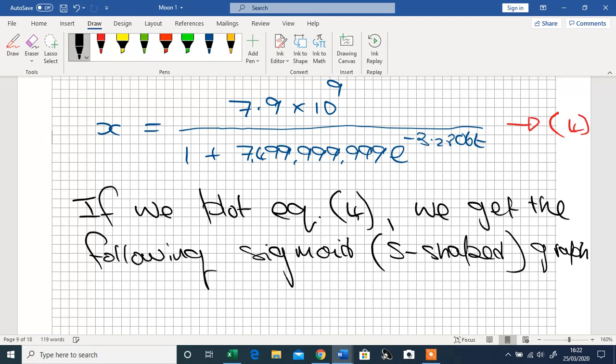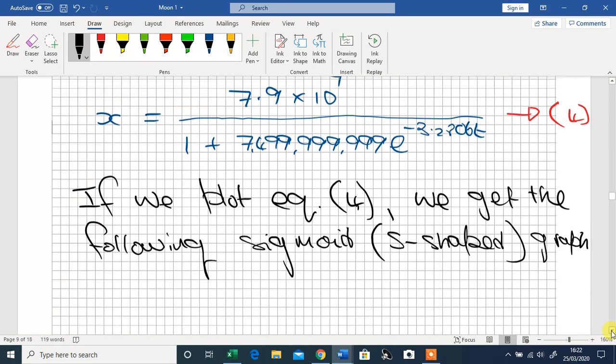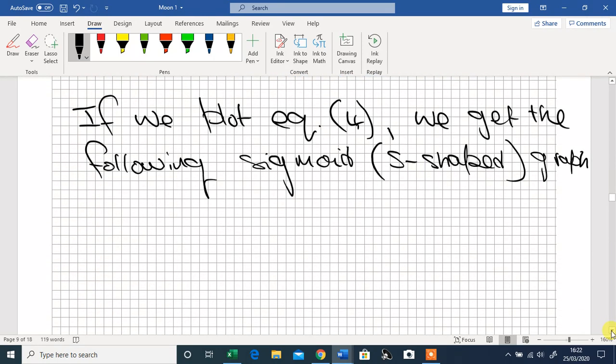My writing is so bad, isn't it? Never mind, I hope you can see that. So if we plot equation 4, we get the following sigmoid or S-shaped graph, or curve, more correctly.